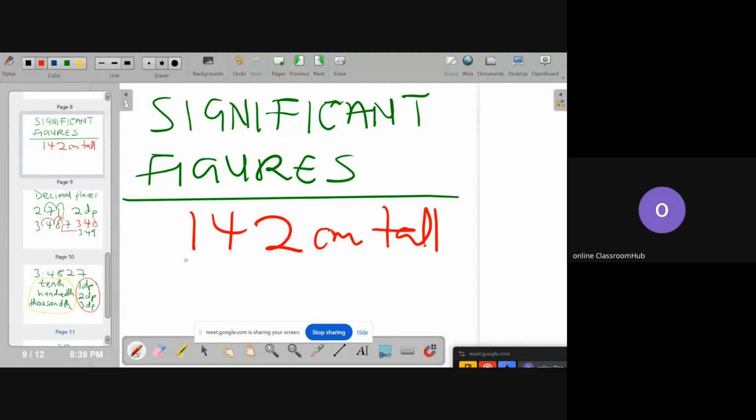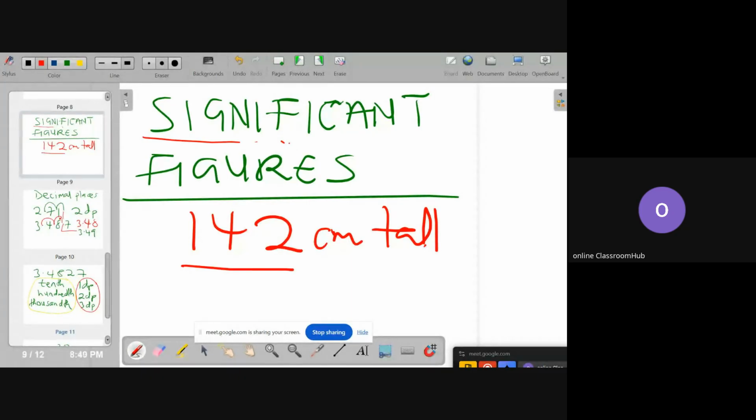The number 142, as I said, is like a special helper, telling us how exact our measurement is. So these figures are numbers that are reliable. I'm talking about significant figures. They are numbers that are reliable and help us understand the measurement in this context.